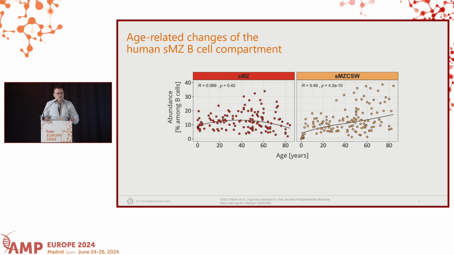And as you can see, quite strikingly, on the left-hand side, there's no major change in the abundance of marginal zone B cells expressing the IgM isotype, while on the right-hand side, the class-switched marginal zone B cells are virtually absent at birth and only slowly accumulate after the age of 2 to 4 years.